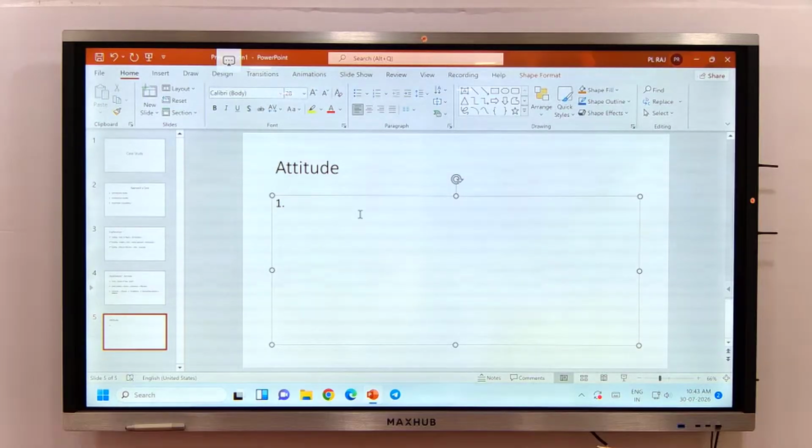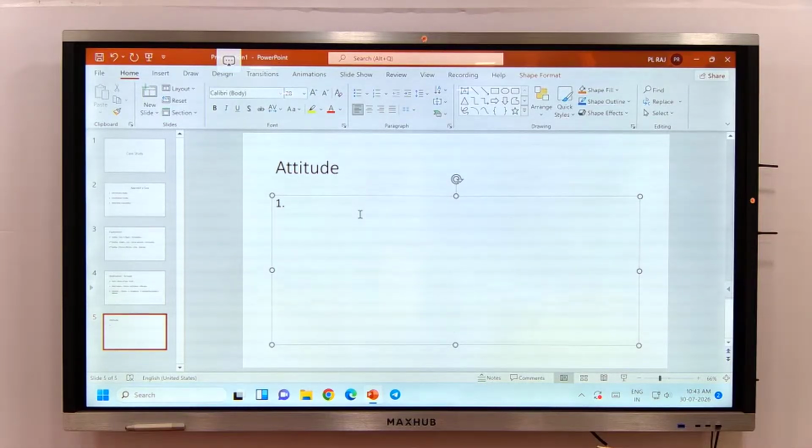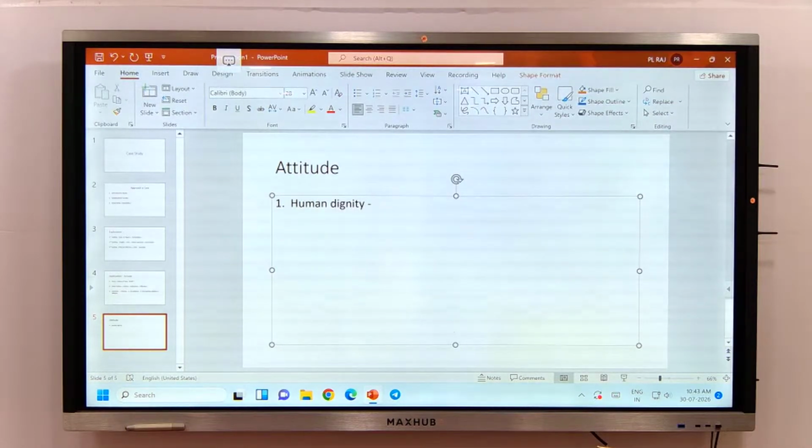Any cases that deal with human dignity, all your justifications should be in the lines of virtue ethics.